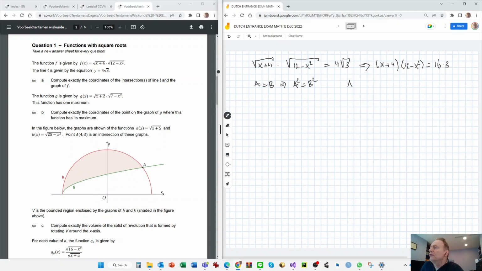When A squared is equal to B squared, you can have A equals B, but also A could be minus B. So if you find a solution, you still need to verify that the initial equation is satisfied.